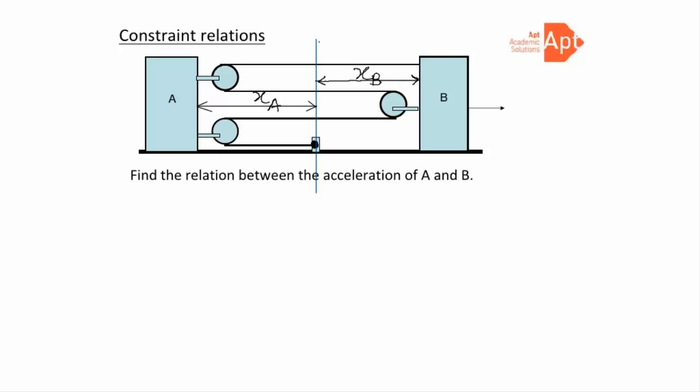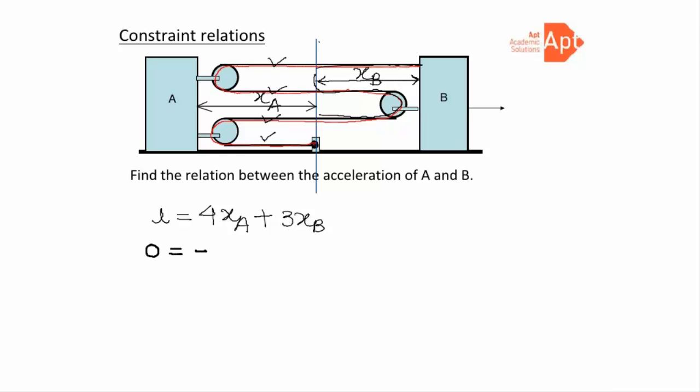So now let's try to write down the length of this string. Please follow it. This is the string in terms of the movable objects A and B. So we have the length L equal to XA, XA, XA and XA, that is 4XA, plus XB, XB and XB, that is 3XB. Now when we differentiate with respect to time, we get 0. This is equal to, see, the length of A is decreasing with respect to the reference point, right?